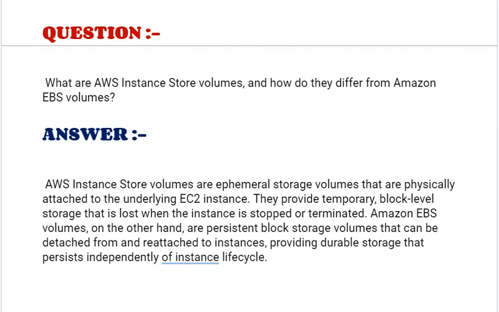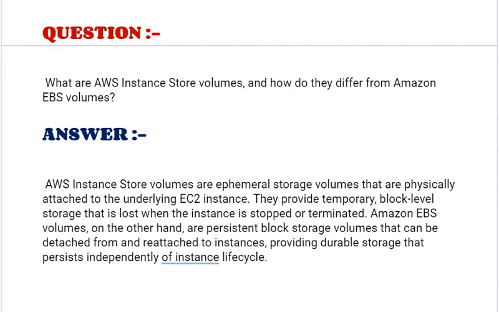Our next interview question is, what are AWS instance store volumes and how do they differ from Amazon EBS volumes? Your answer should be AWS instance store volumes are ephemeral storage volumes that are physically attached to the underlying EC2 instance.